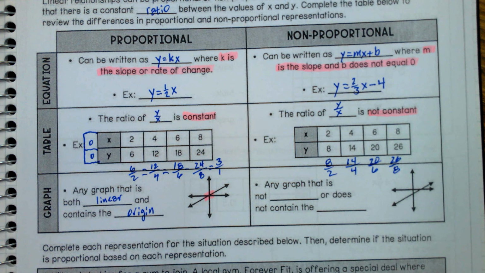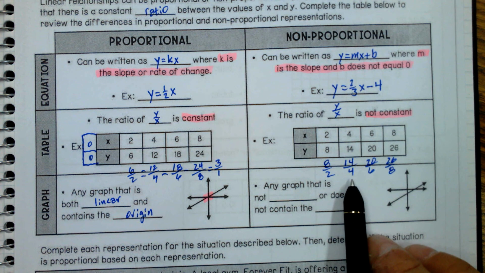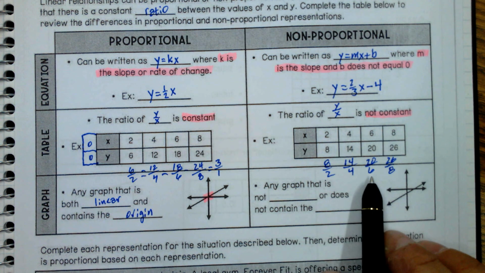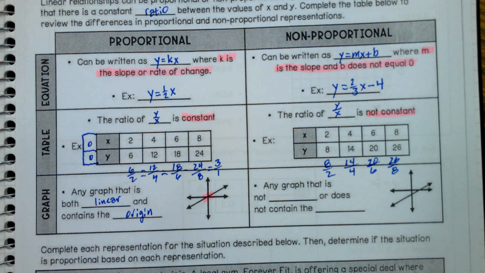If we simplify all of them, they all equal different values, don't they? Yeah, this one's 4 over 1. This one would be what, 7 over 2? This one would be 10 over 3. Yeah, they're all different.